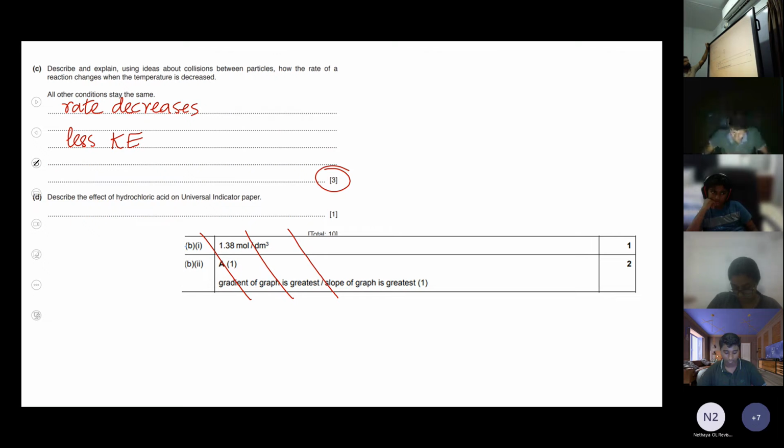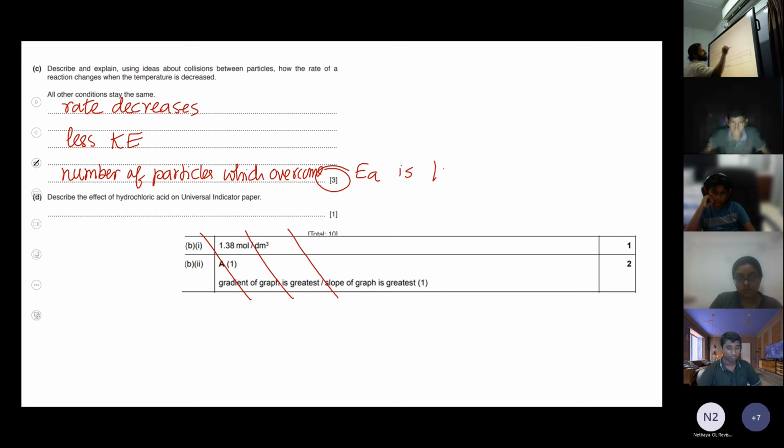And then, this is the best answer: the number of particles which can overcome activation energy is less. That's the best answer.